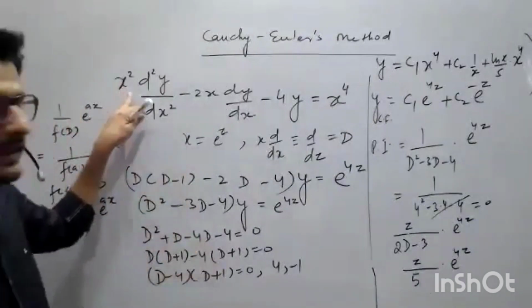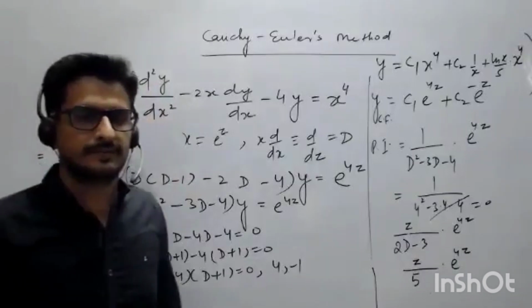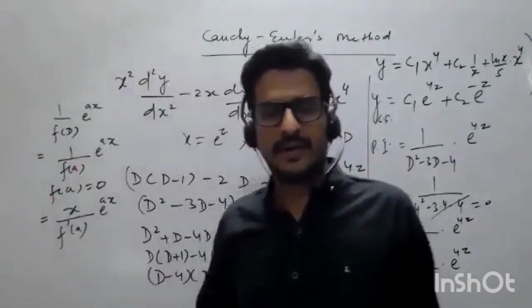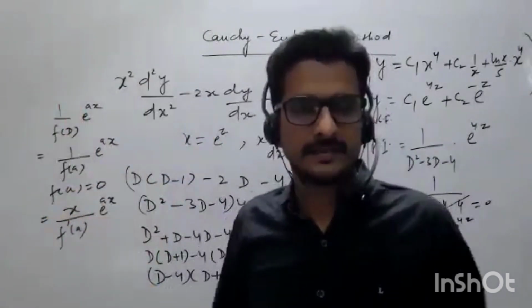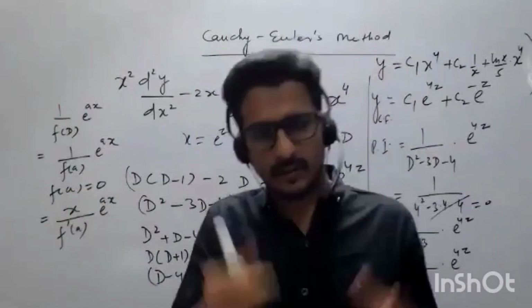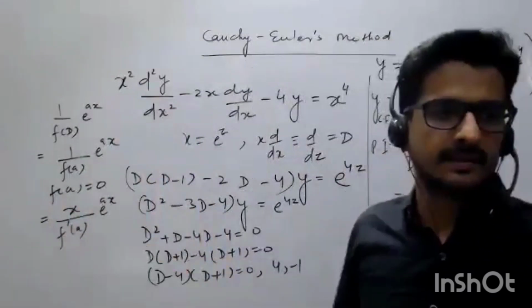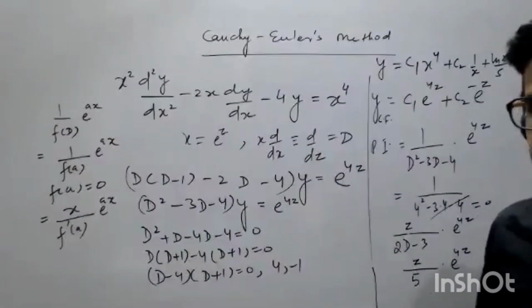And if it is x cube d cube, then it will be d minus 1, d minus 2. If it is x to the power 4, it is d minus 1, d minus 2, d minus 3. Correct? You can see the derivation, but that will not be required. You can't derive this and use it in the question. This is, suppose, a 3.5 mark question, so only this much time you can spend on that.